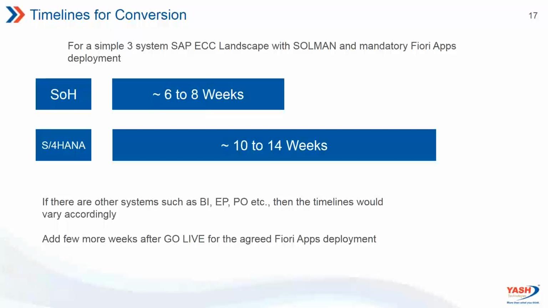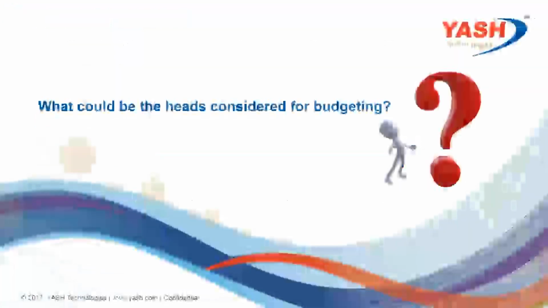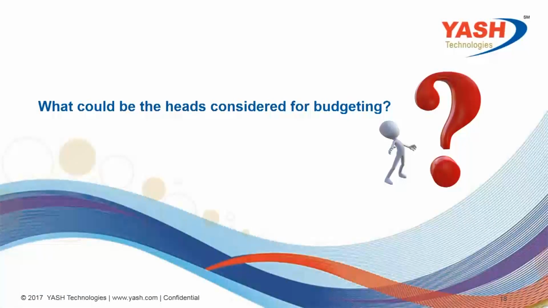Obviously, if there are other systems like BI, the EP, etc., the timelines would have to be increased, because all those will have to be migrated to Sybase or HANA if you choose to. And once you have completed the technical migration, if you have agreed on a pre-defined set of apps with your partner, the Fiori deployment might take a few more weeks after you have successfully migrated to S/4HANA.